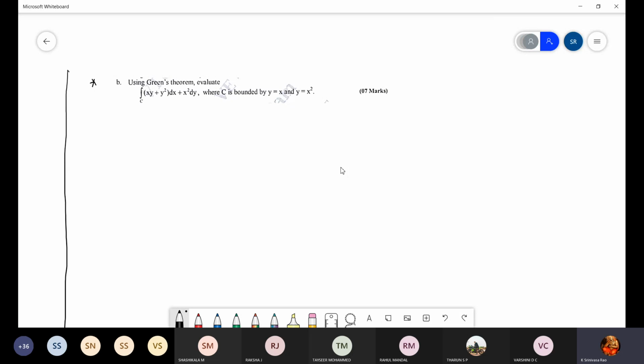Questions 1A, B, C cover the topics before integration, but we can't say that, they may merge. Yes, this is the question.